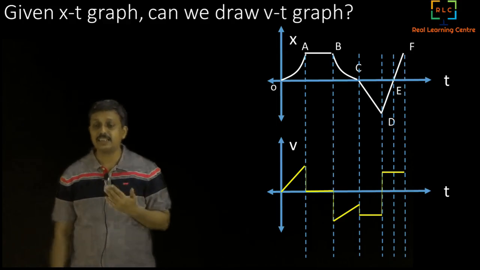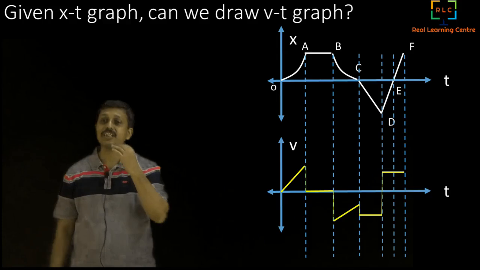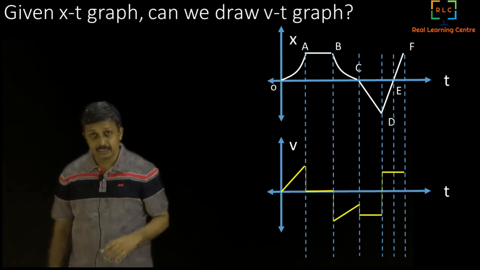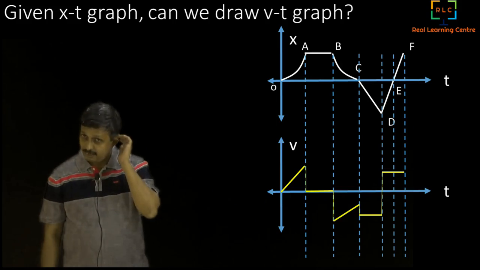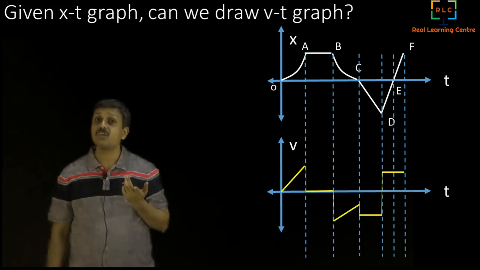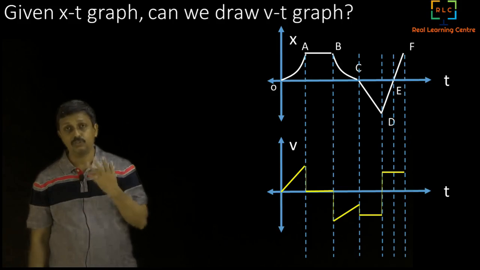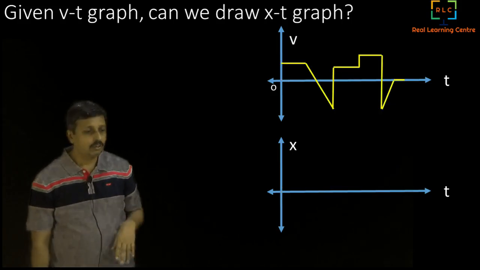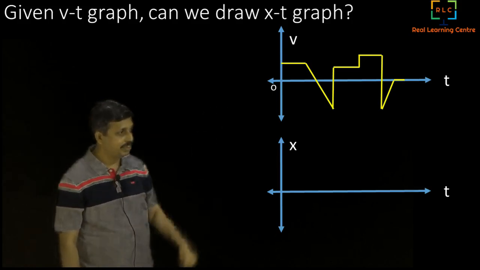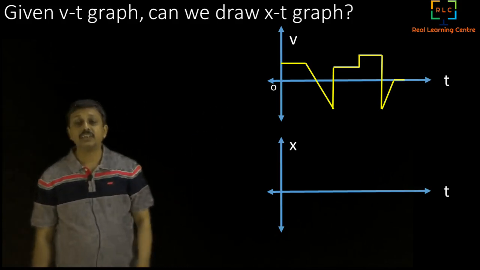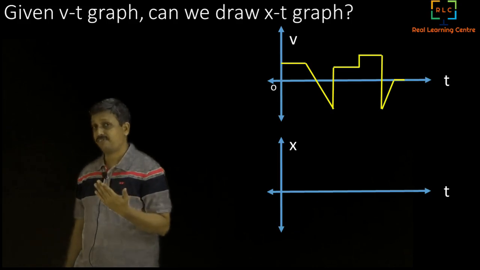So given an XT graph, we were able to draw a VT graph. Similarly, given a VT graph, is it possible to draw an XT graph? We will also try that. Let us say this is our VT graph. I have drawn a VT graph on the top. Can we draw an XT graph for this?